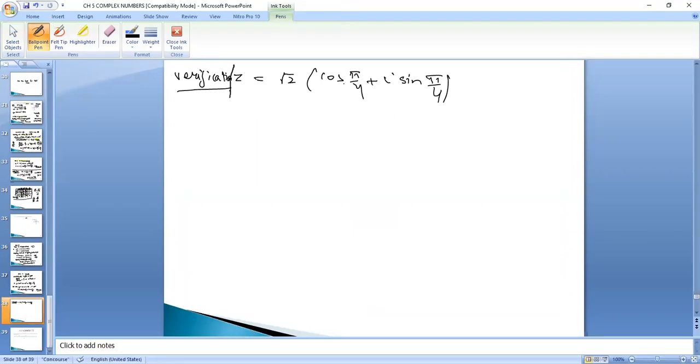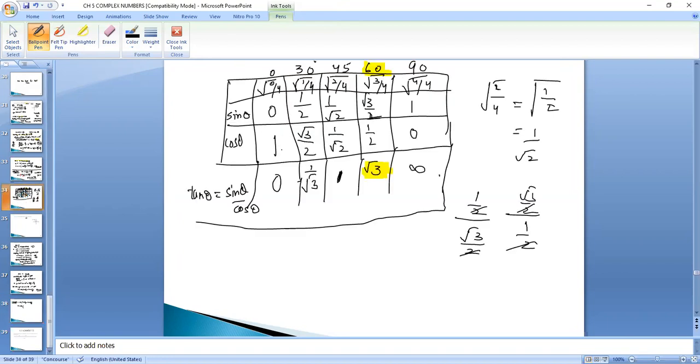Z is equals to root 2 cos pi by 4 plus iota sin pi by 4. Z is equals to root 2 cos pi by 4 means cos 45. Cos 45 means 1 by root 2. Then again sin pi by 4 means sin 45 means 1 by root 2.